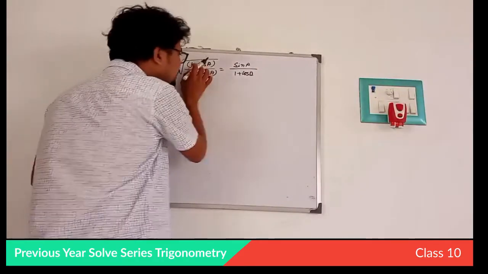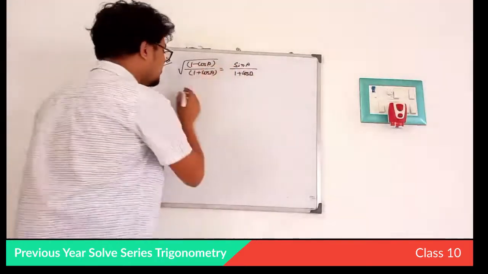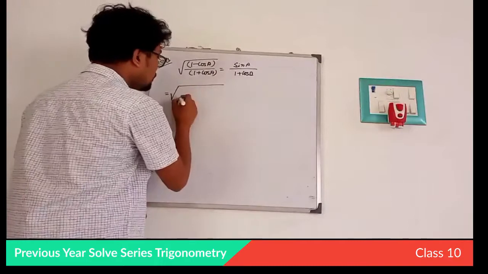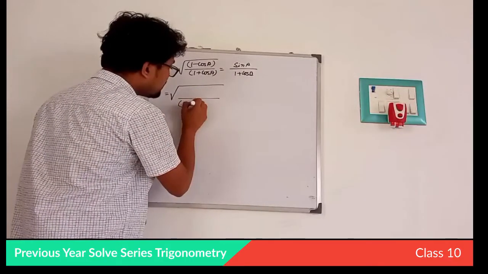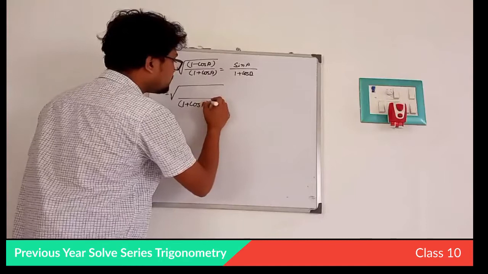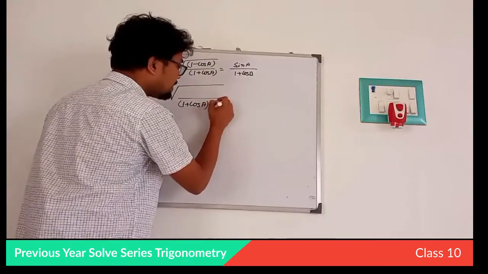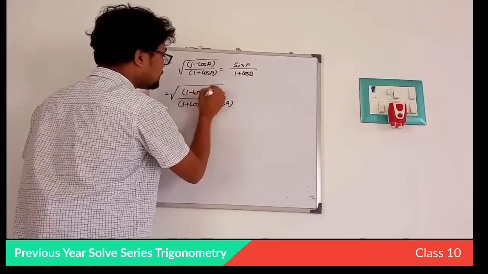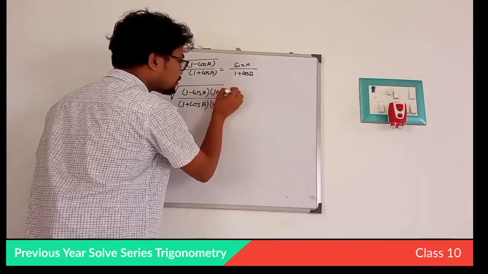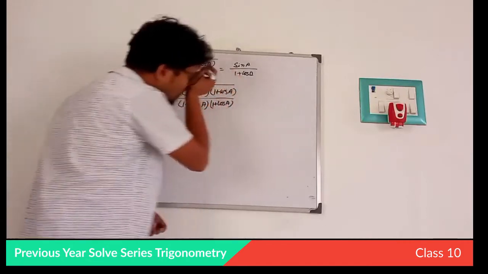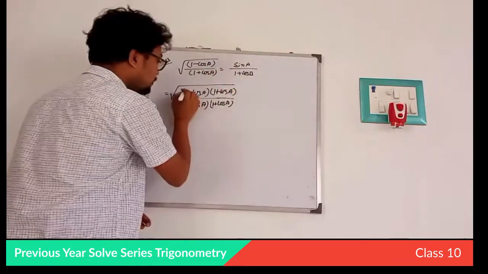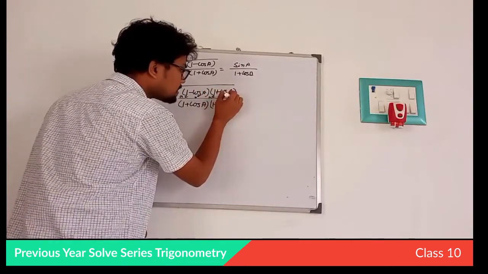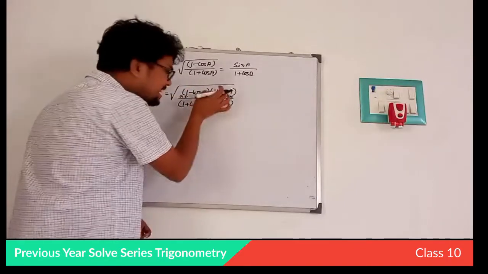So we have to convert 1 minus cos A to sin A. So what we do, we multiply and divide both numerator and denominator by 1 plus cos A. 1 minus cos A into 1 plus cos A. Now listen very carefully. This is A, this is B, this is A, this is B. A plus B into A minus B.